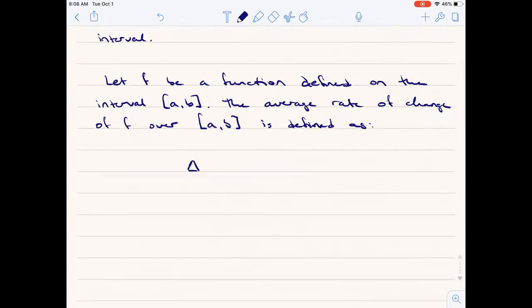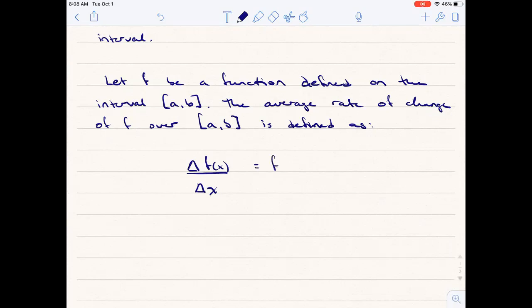have you guys seen delta notation? Change. Okay. So delta f of x over delta x, which is just the change in the function, right? Which, if you're thinking about your x and your y coordinates, right? So it's the change in y over the change in x. Not that crazy.